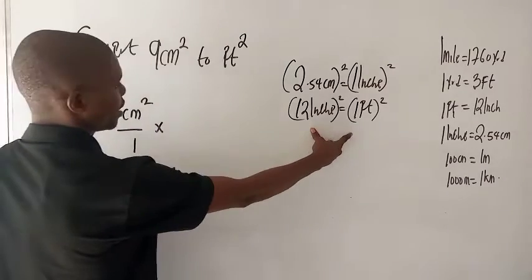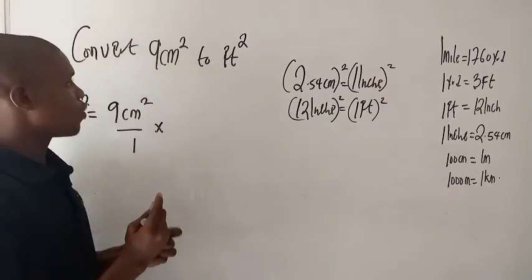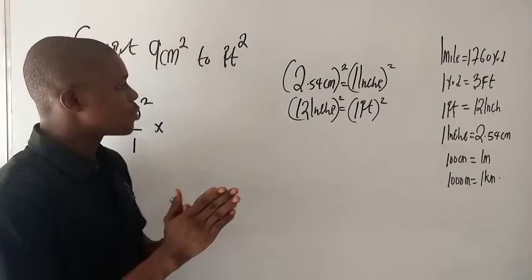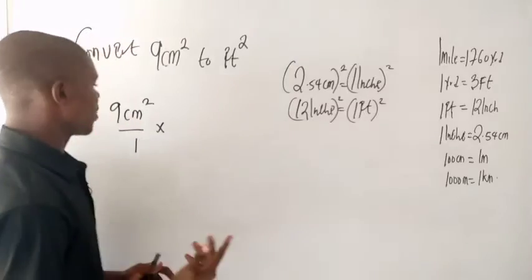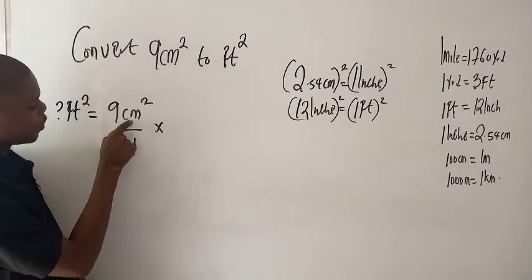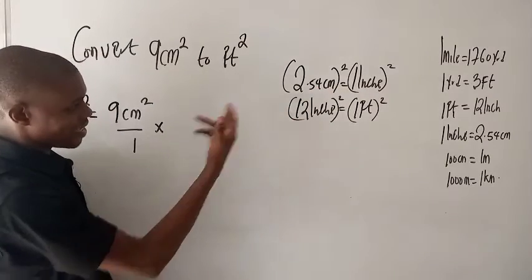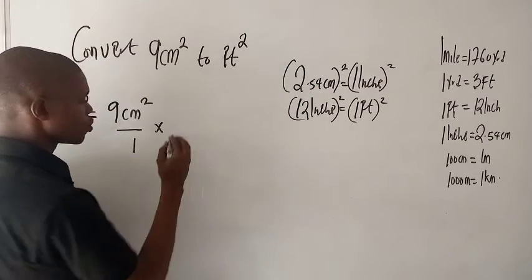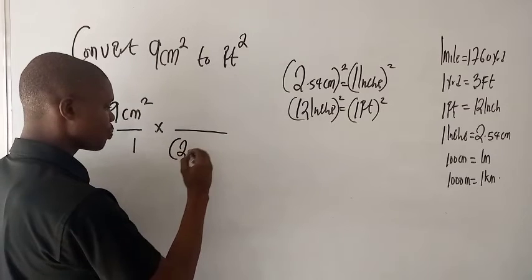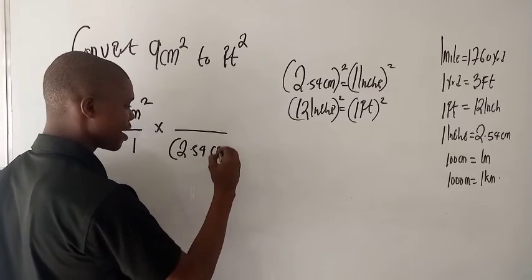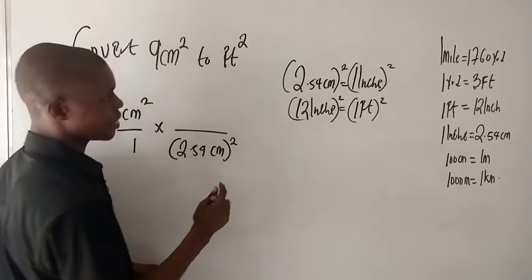we are going to take the first relationship here. You must arrange it in such a way that units cancel out units. What do I mean? Cm is already at the numerator, so if you pick cm here, it will go to the denominator so that they can easily cancel out. So it is going to be 2.54 cm all to the power 2.